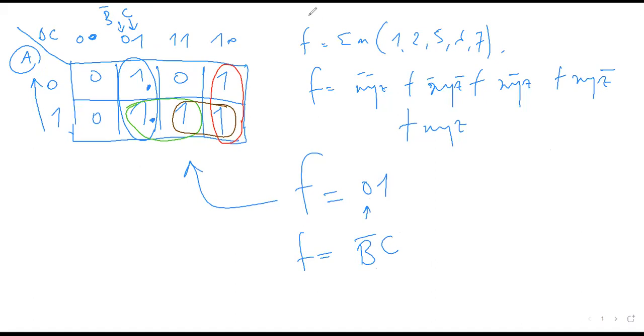Another way of understanding this is, at the beginning, instead of putting these 0s and 1s, you can do this. For sum of products, this is B bar C, this is B C, and this is B C bar.